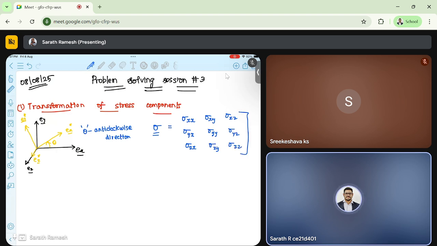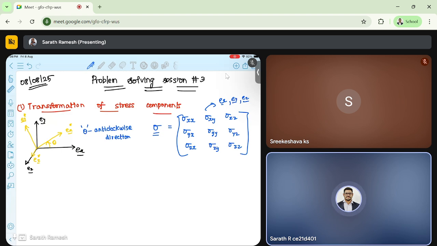So this is with respect to the Ex, Ey, Ez basis. Now, what will happen if I rotate my basis? Will this sigma matrix be the same or will it be different? So that's the question here. So how to find that?